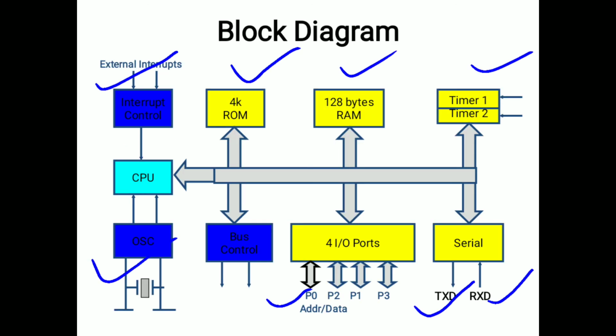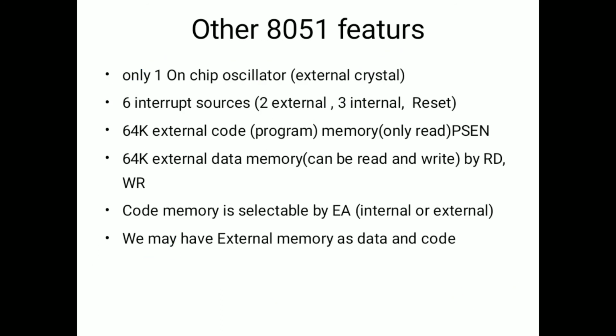Similarly, we have 128 bytes of internal RAM, but if we want to connect more RAM, then 64K external data memory can be connected, and for that we have to use the RD and WR pins, through which we can read and write external data memory. Code memory, program memory and ROM memory are all the same. To select external memory, we have to use the EA pin that is available in the microcontroller. So we can connect external memory in this way.